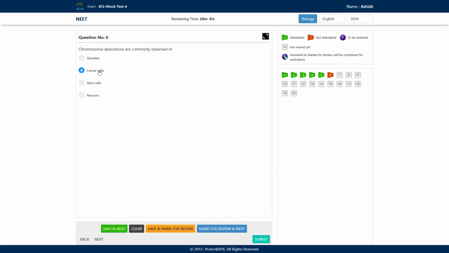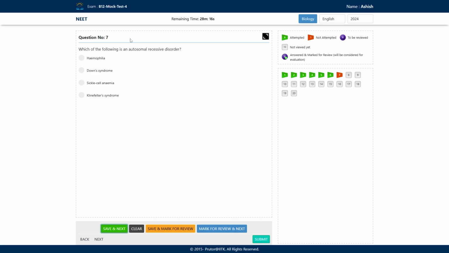Option number B, cancer cell, is the correct answer here. Cancer cells keep on dividing. They have lost the ability of contact inhibition. They divide very rapidly, and during cell division, there can be a lot of chromosomal aberrations.